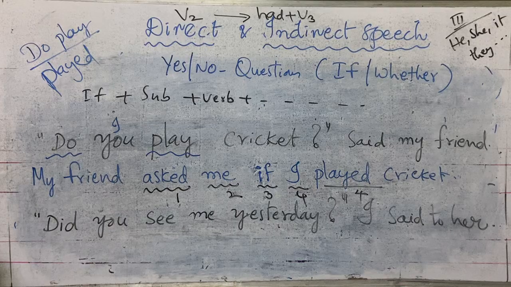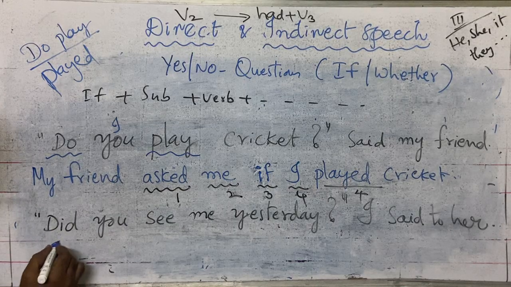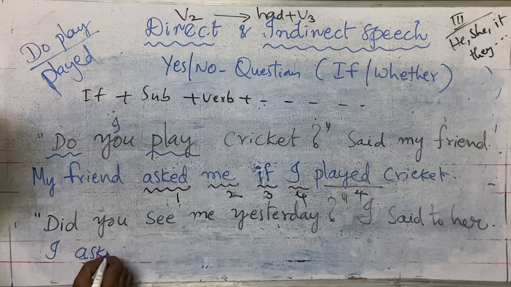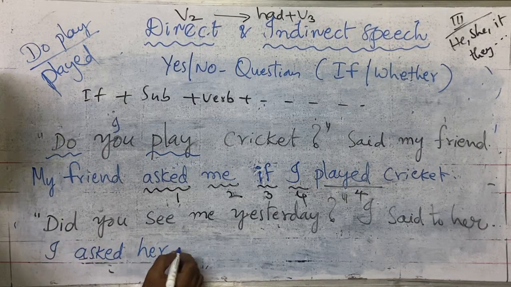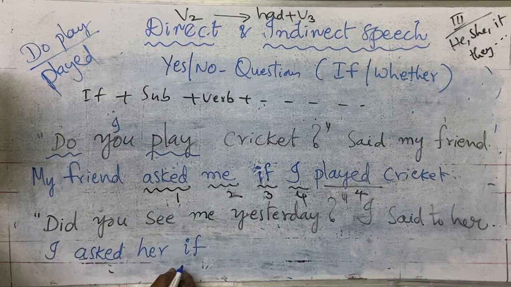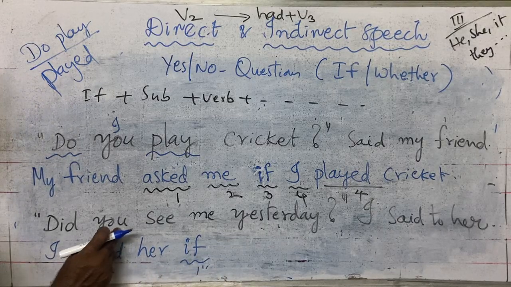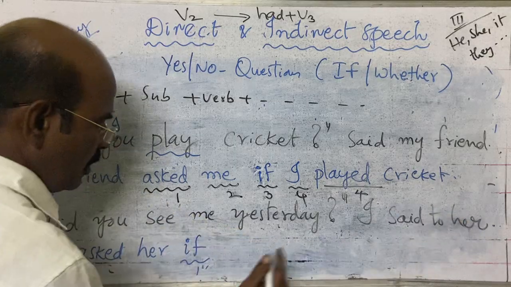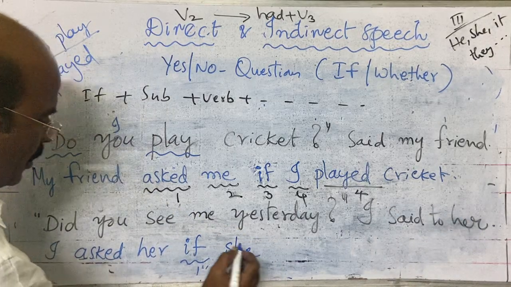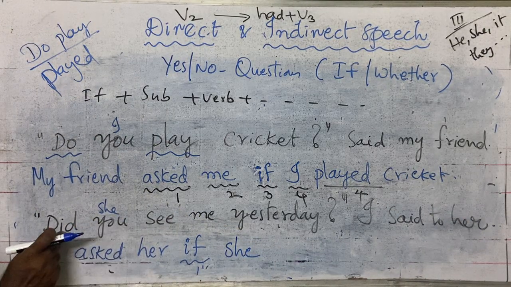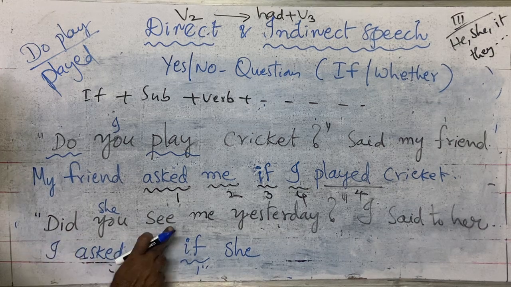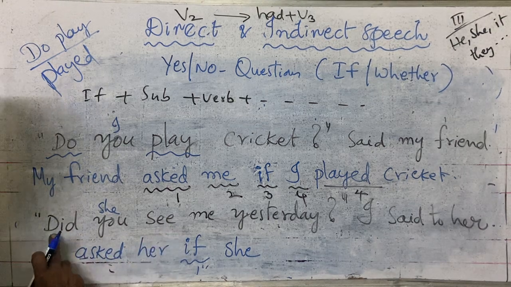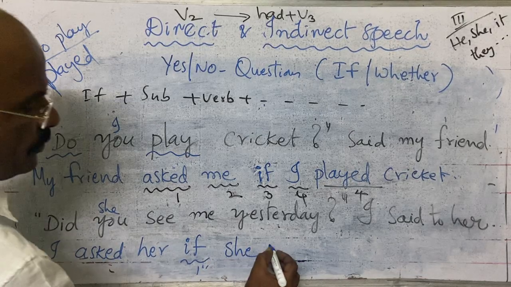Now I said to her. Obviously, this is the question. You are saying, I asked her if. You means before her, she. If she, did she, past tense. I don't write again and again. Did she, past tense, means had seen.